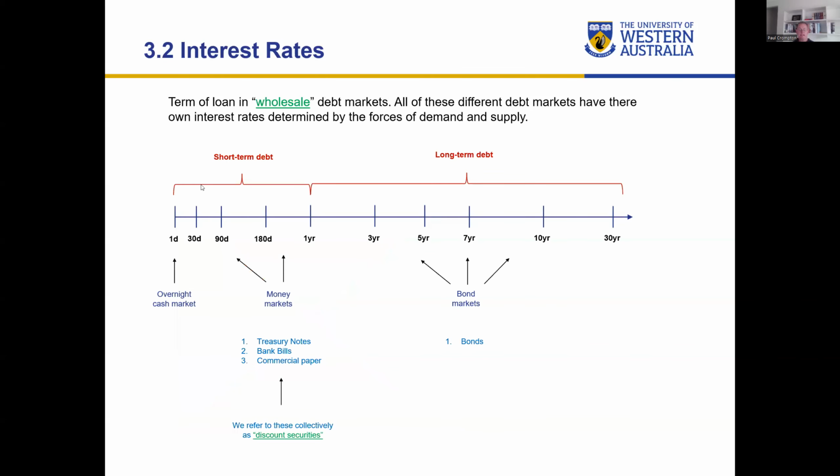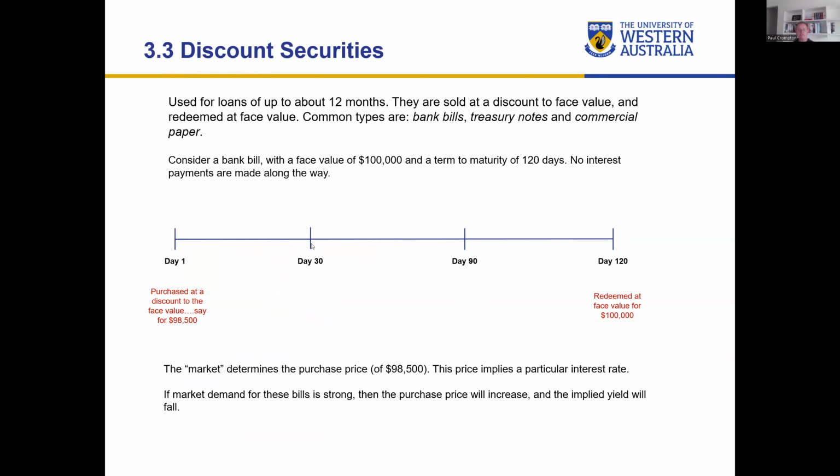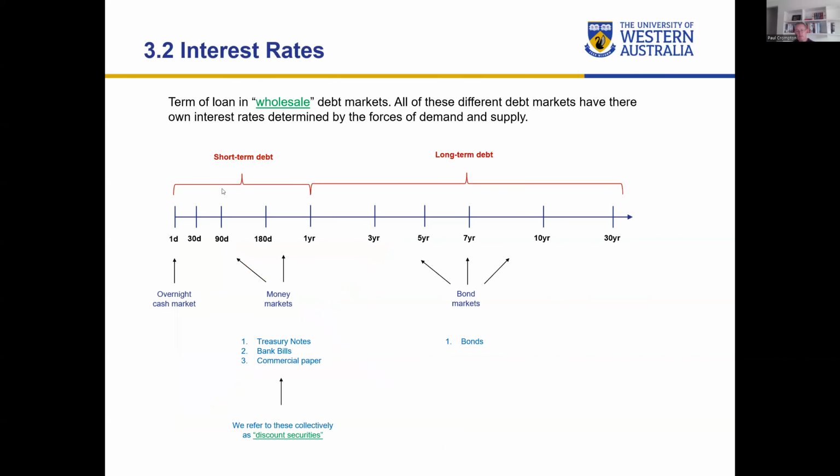Coming down here, next slide of this topic. So we've only got two slides in this particular video. Number 3, we go on to discount securities. We'll get to that later. But in this one, what I've got is a timeline of the duration of lending. So here I've got short-term debt markets and long-term debt markets.